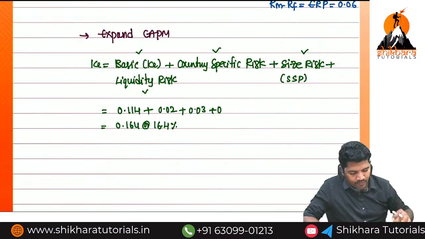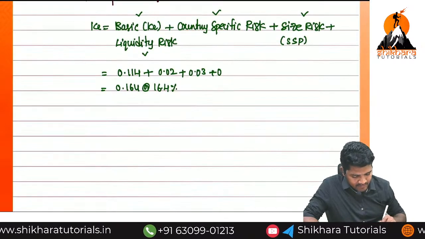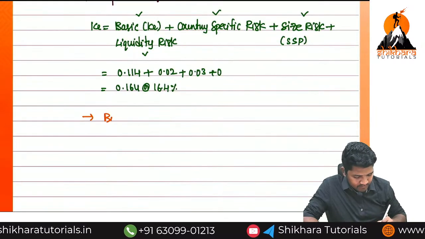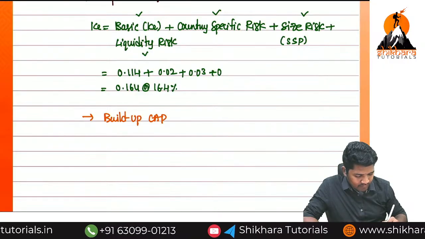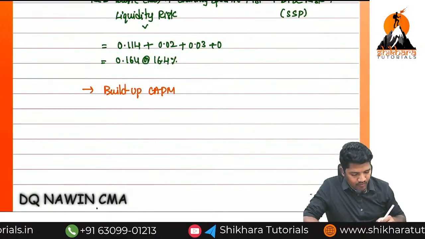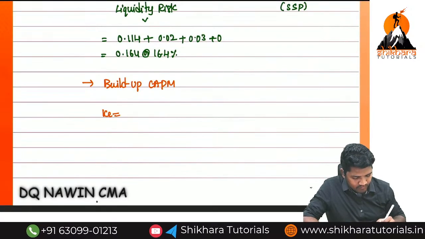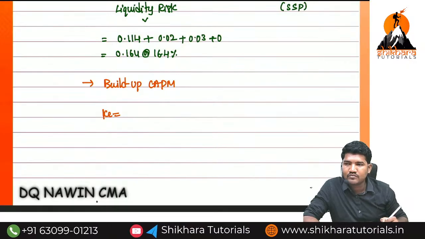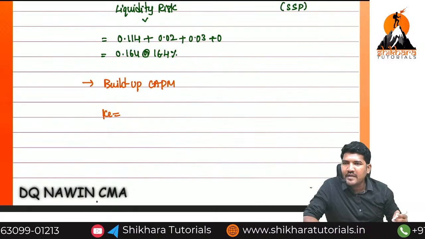Okay. Now, there is another calculation part. What is the other calculation part? Build up. Now, KE equals, can I take basic KE?